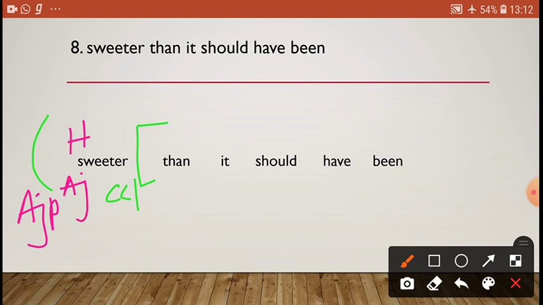Now the form of than here is conjunction.